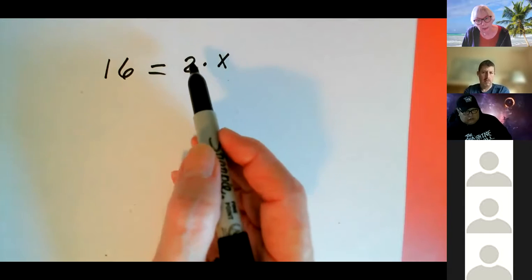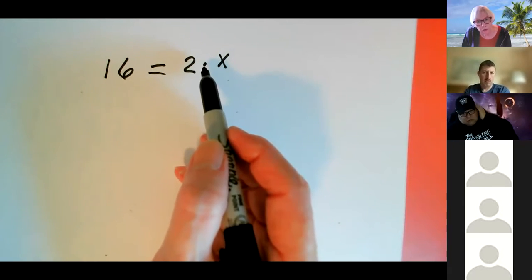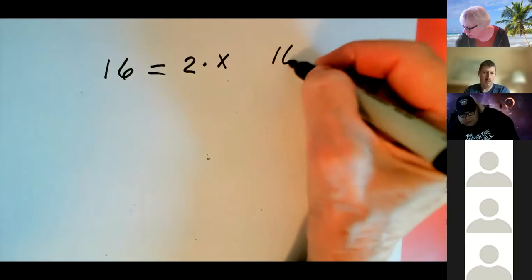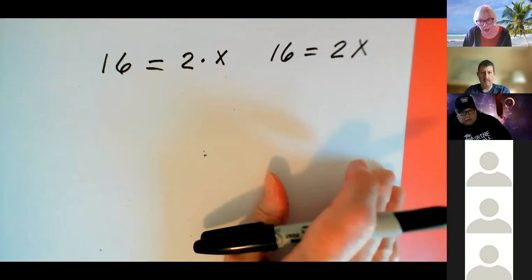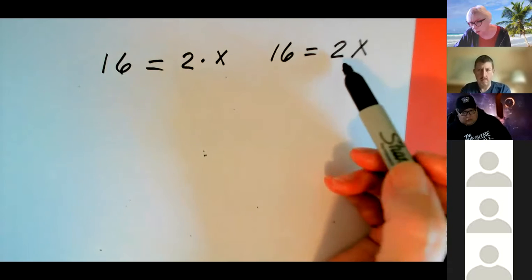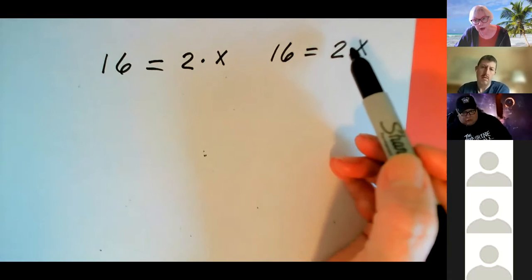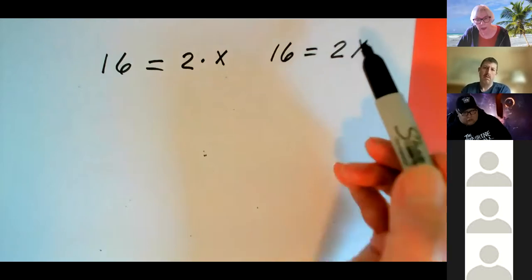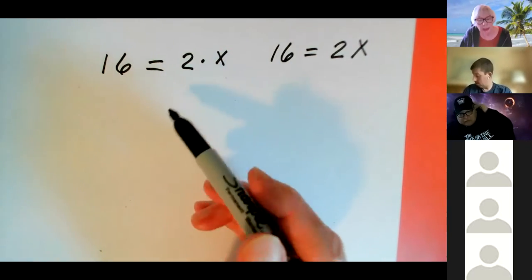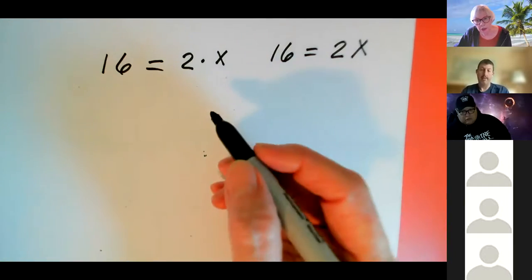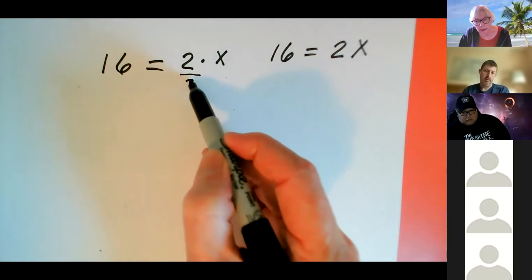And because x is multiplied by 2, and they even emphasized it with a dot, although truthfully, if they ever wrote it like that, it's still multiply, because when you have a number and a letter standing for a number, it's assumed multiply. But in this particular section, they seem to put that raised dot in there to help you remember what to do. And so the opposite of multiply would be divide.